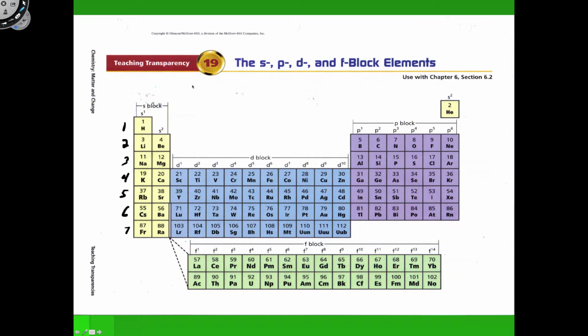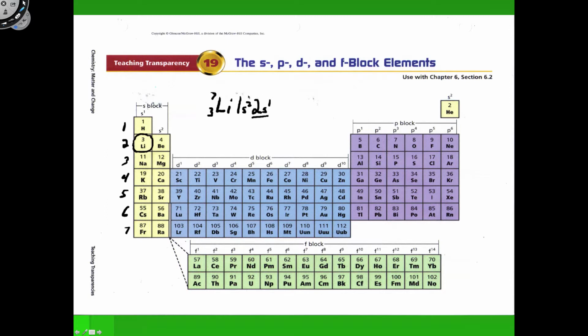So let's try lithium. If we were writing the configuration, it would be atomic number 3, so we'd have to account for 3 electrons. We follow our Aufbau principle: 1s2, 2s1. And we see that it ends in 2s1.